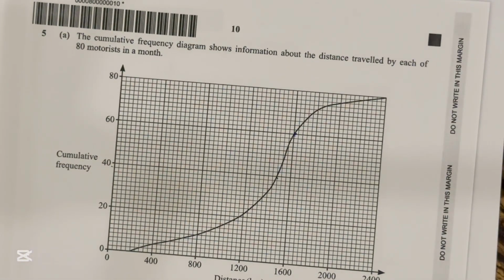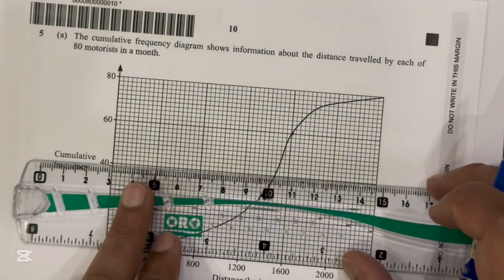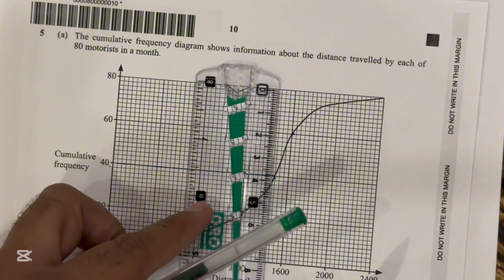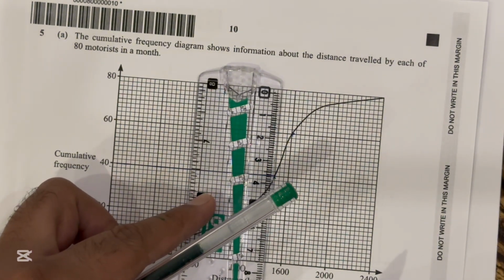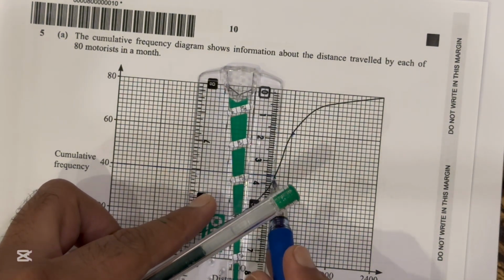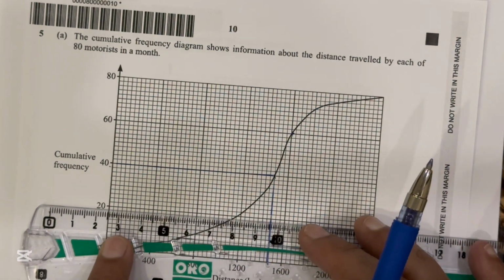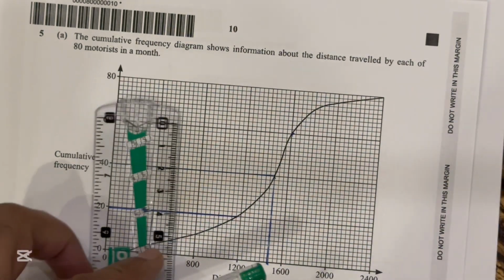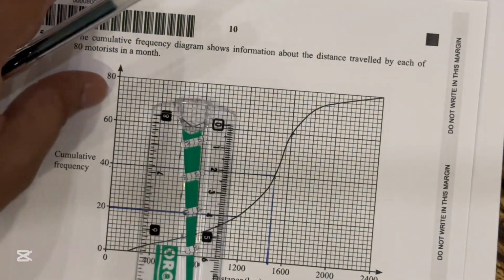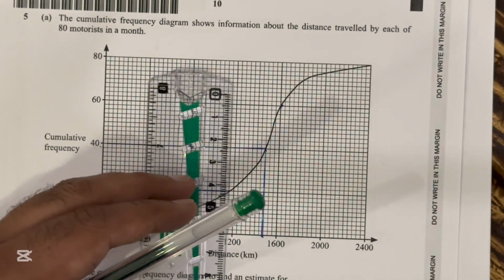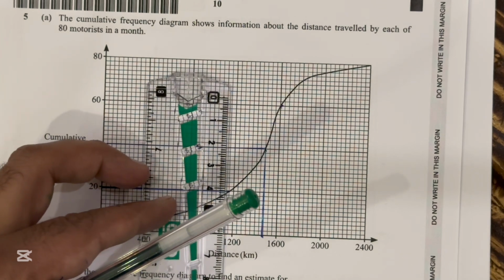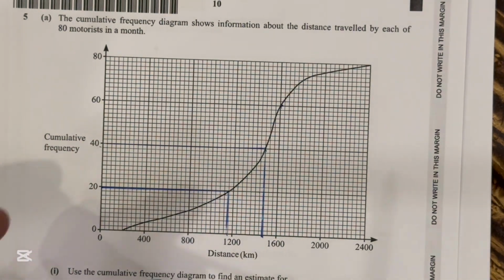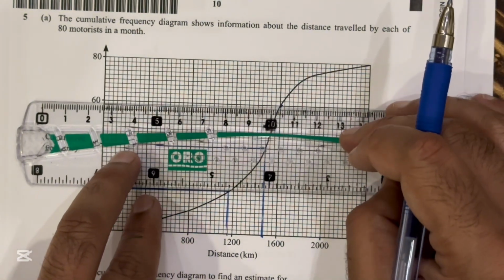Okay, I will also draw the lines to make you understand more clearly. This was the value we calculated for the median, and for lower quartile the value was this at 20, and we note down the value, and at 60 for the upper quartile value.